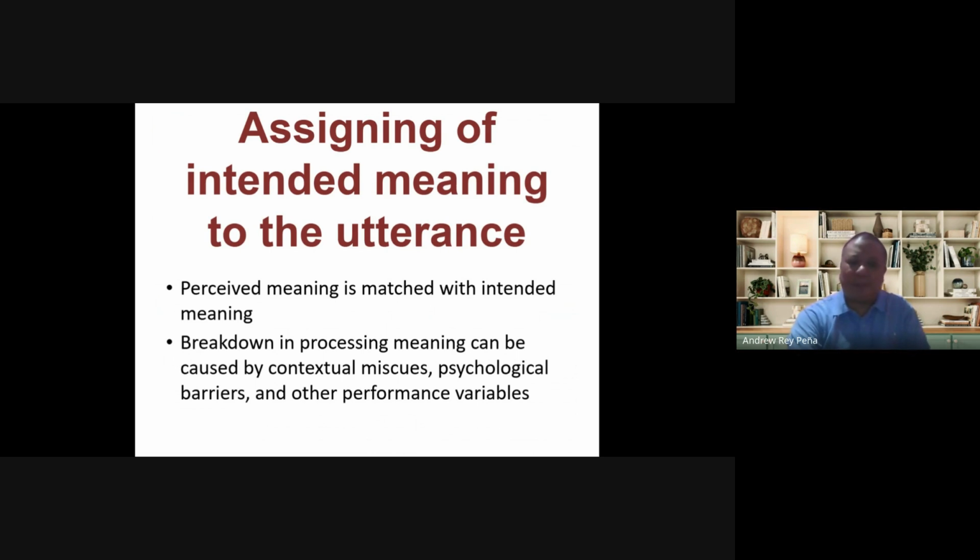So, for example, you thought the speaker was talking about Jose Rizal, but then you realize he's talking about somebody else. There was a momentary breakdown in the processing of the meaning because there was a miscue, there were psychological barriers such as your emotions and other factors or performance variables.